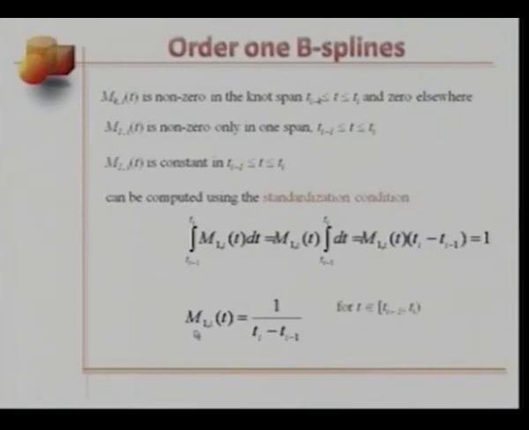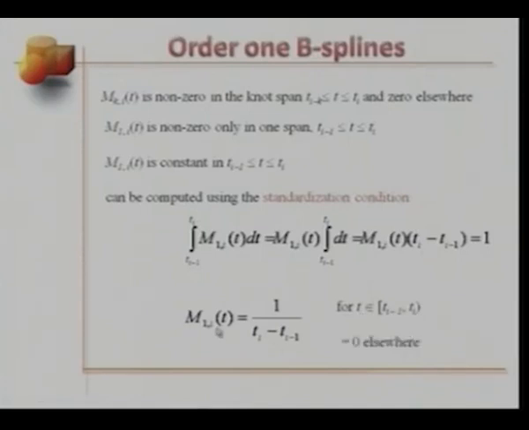Of course, m1i equals 1 over ti minus 1 for values of t belonging to ti minus 1 and ti. Notice here that I'm using the closed bracket on the left and an open bracket on the right. That will imply that t will take the value ti minus 1, but not ti.